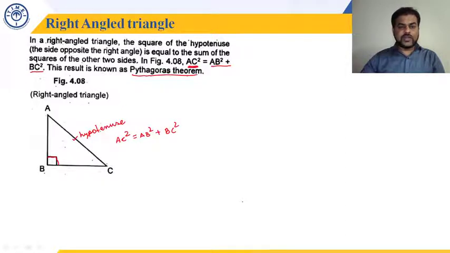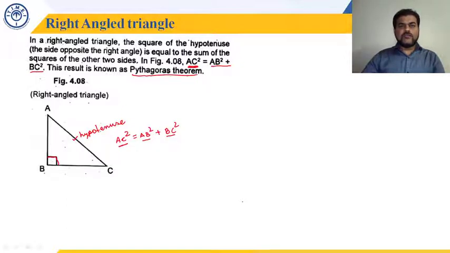In a right angle triangle, the longest side, which is known as the hypotenuse, will always be opposite to the angle 90 degree. So the square of the longest side is equal to the sum of squares of the other two sides. So this is known as Pythagoras theorem. The converse of Pythagoras theorem is also true.